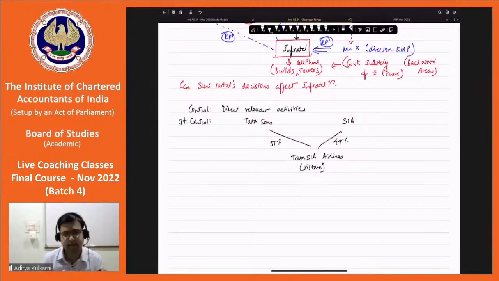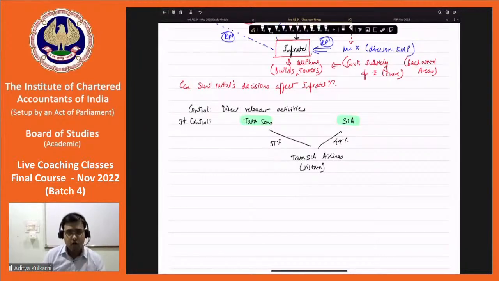Singapore Airlines, I think, holds 49%. Now, Tata Sons and Singapore Airlines have agreed that both of them will decide about the operations of Tata Singapore Airlines. So suppose tomorrow Tata Sons wants to make a flight from, let us assume, Delhi to United States.